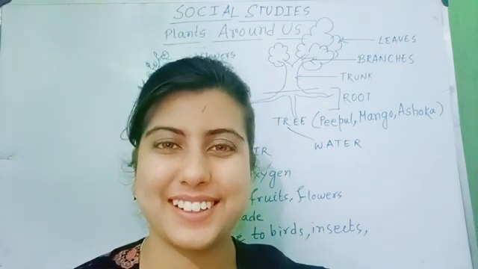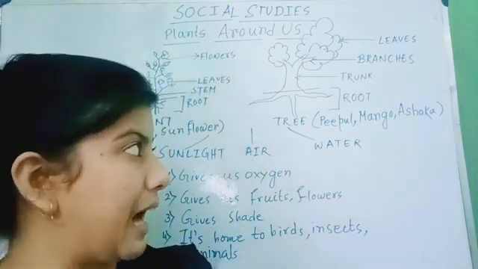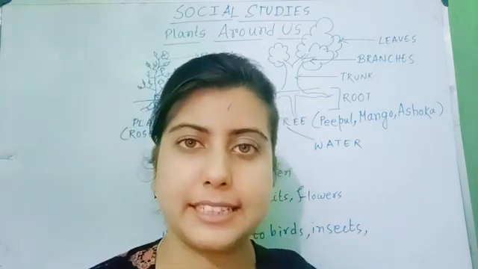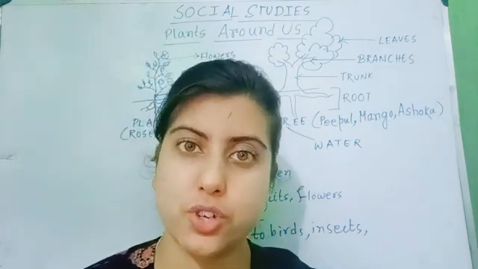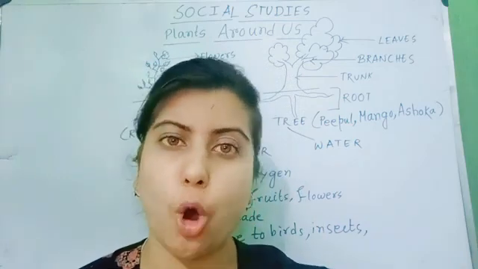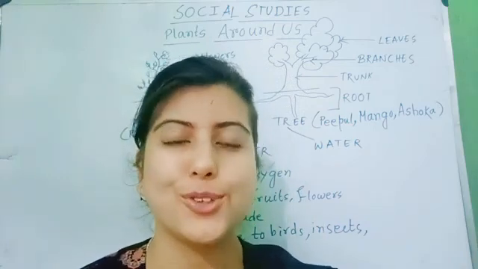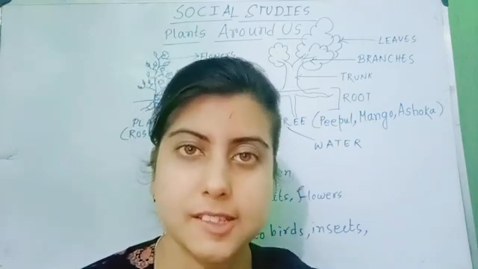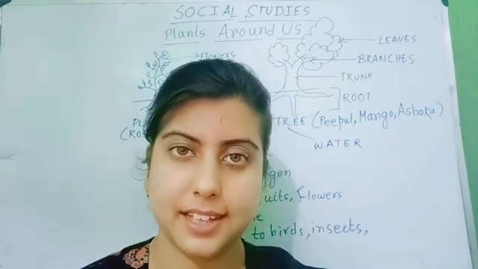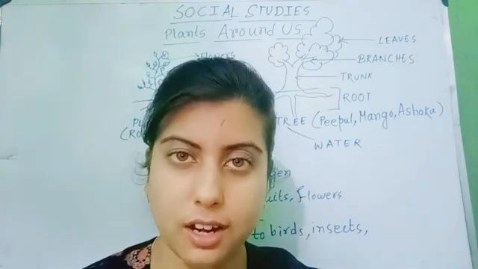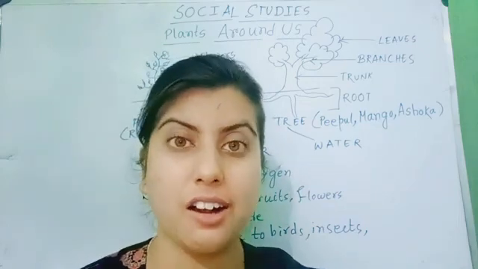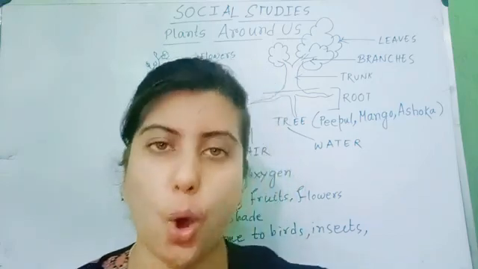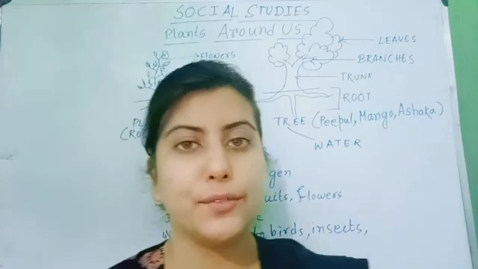Now children, when we see a plant, it can be short and small in height. But there are some trees which are very tall and strong. So we can find different types of plants around us. Some plants are small and some plants are tall and strong. But they are all very useful for us.